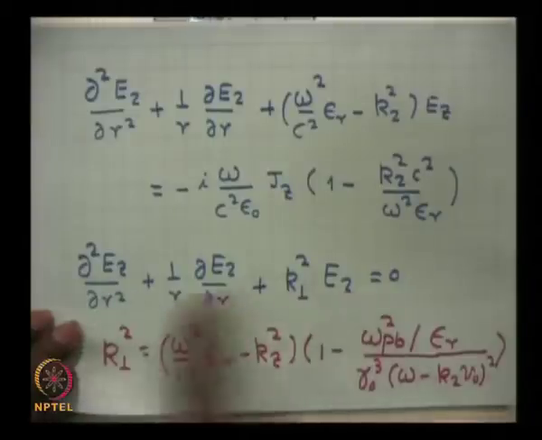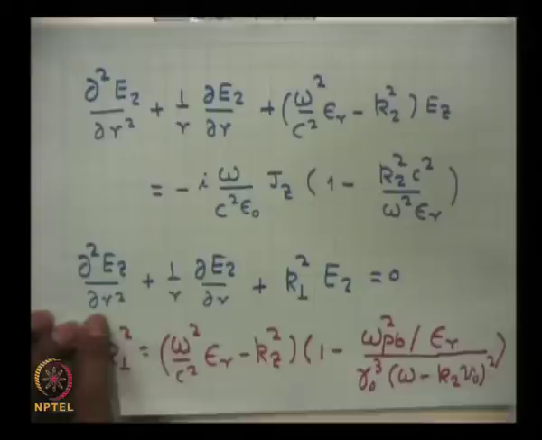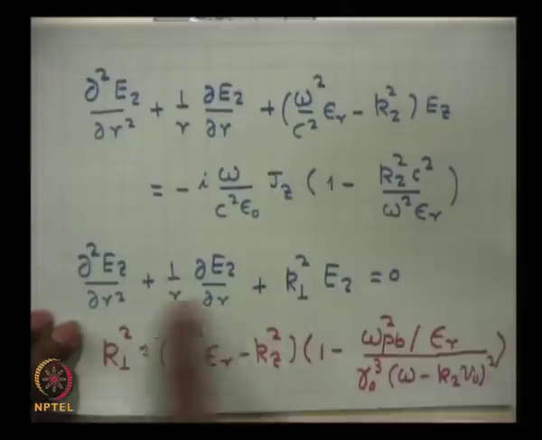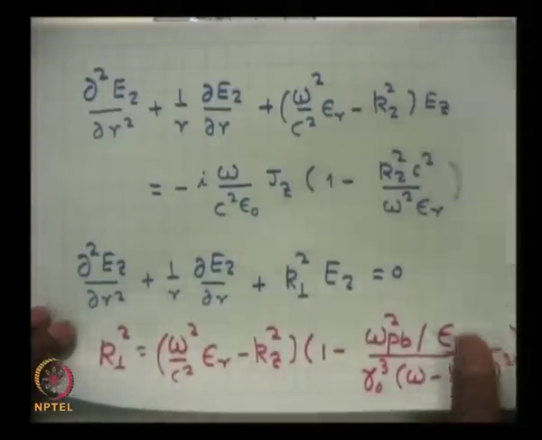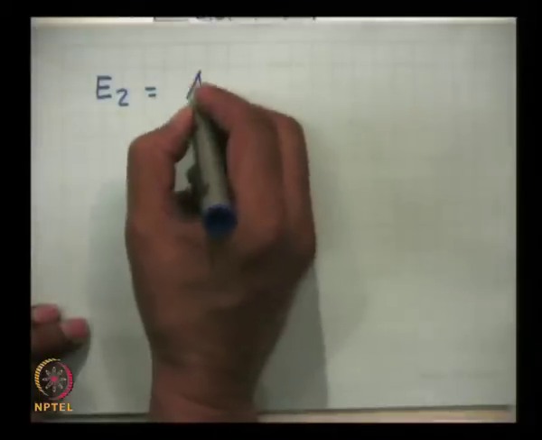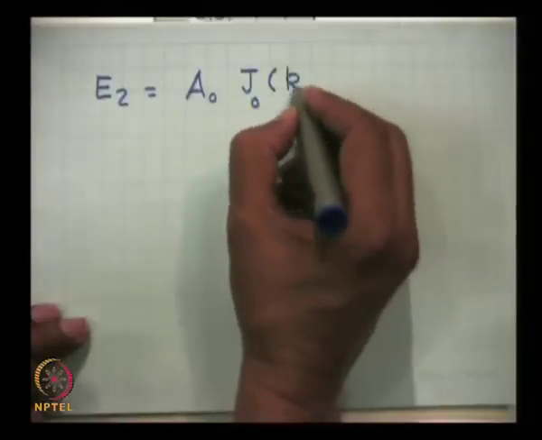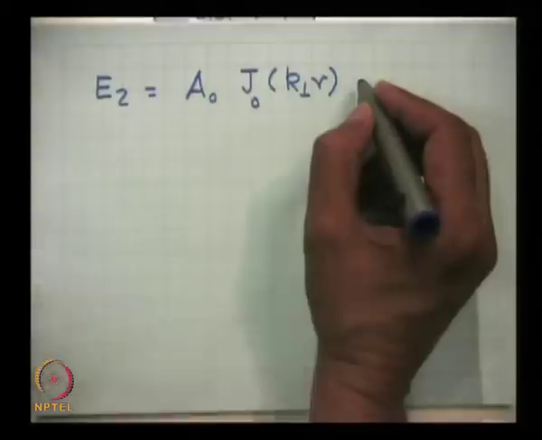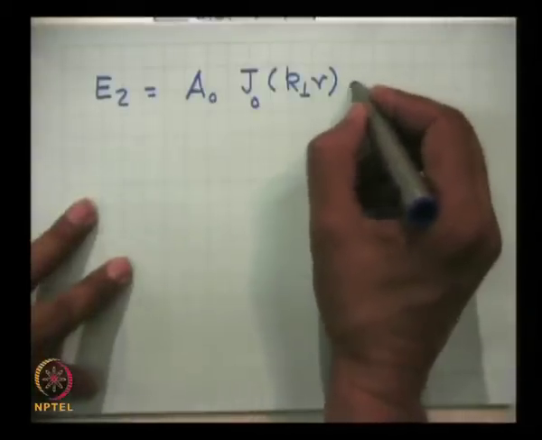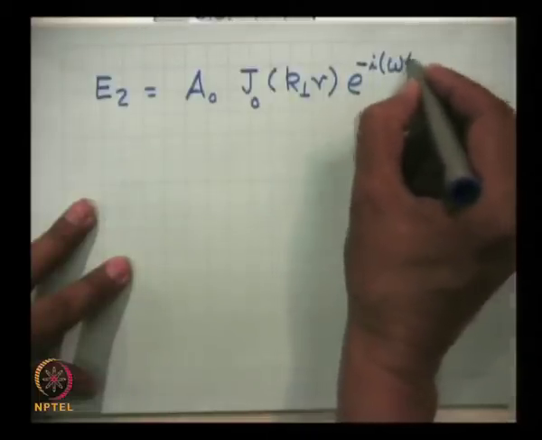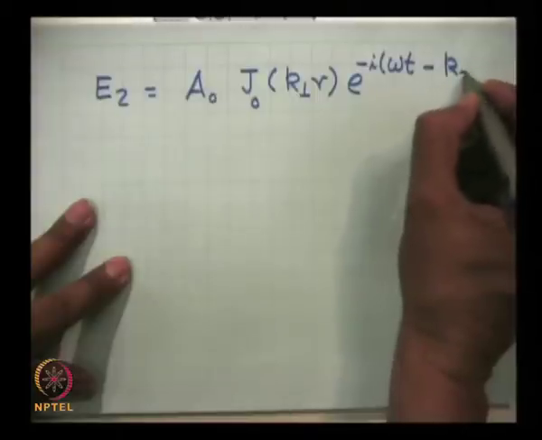But before I do that, what is the solution of this equation? This equation is Bessel equation, whose solution is J0, Bessel function of 0th order. So I can write down the solution of this equation as Ez is equal to some constant into Bessel function of 0th order and argument k⊥ r, and the dependence of this field on time is like this, ωt, and its z is kz z.